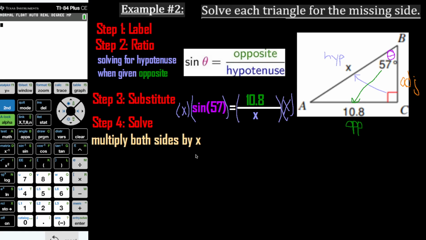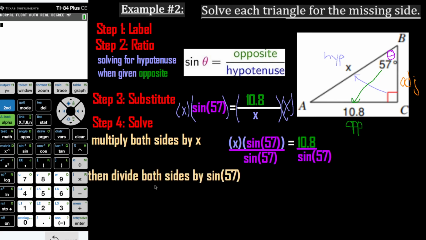We use our algebra skills, multiply both sides by x, and now I have x times the sine of 57 is equal to 10.8. For my last step, I'm going to divide both sides by the sine of 57. That will give me x equals 10.8 over the sine of 57, which is going to be our value.